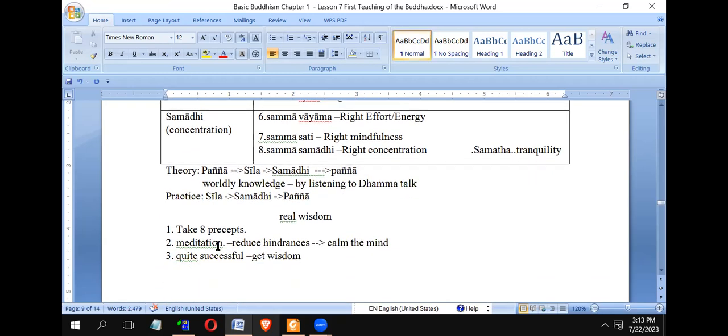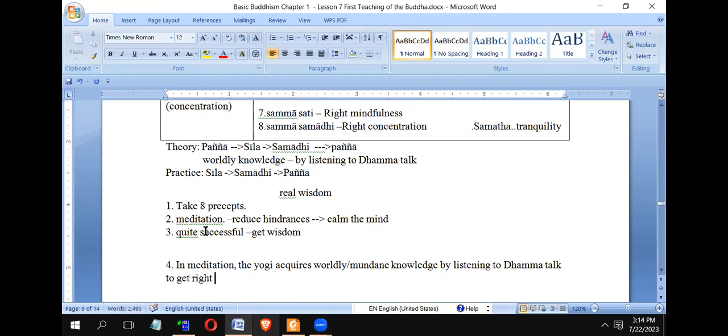That's why even in a meditation center they give Dhamma talk. In a meditation center, the yogi acquires worldly knowledge, or maybe instead of worldly, use the word mundane, mundane knowledge, by listening to Dhamma talk to get right view.